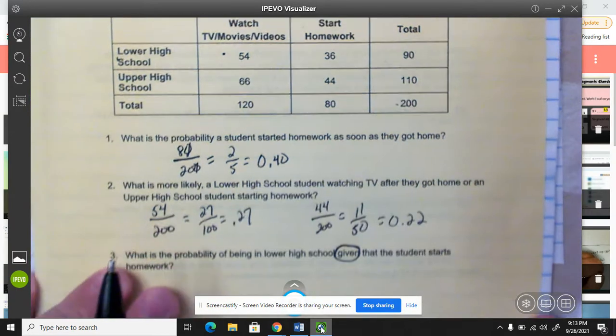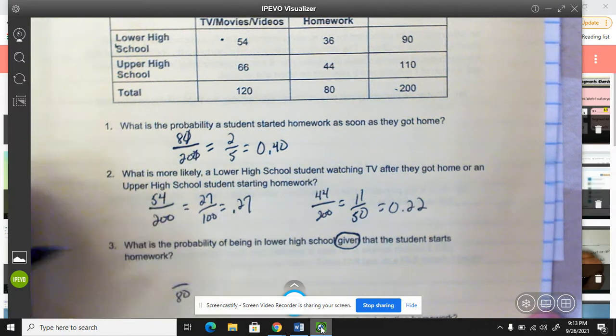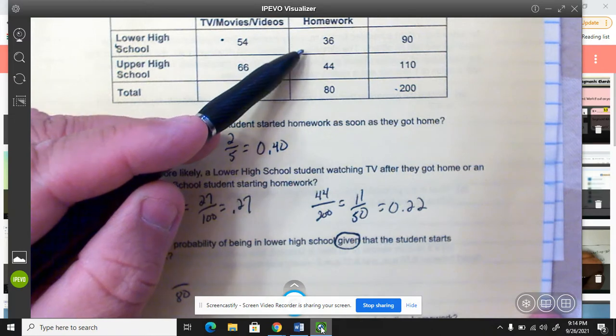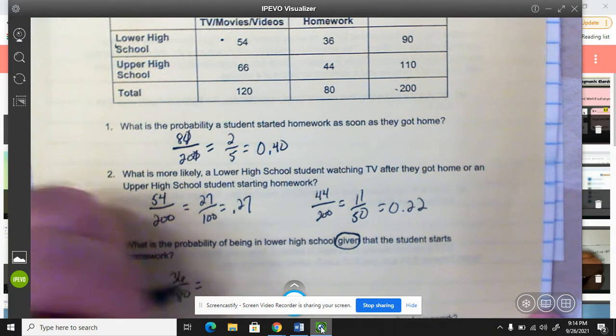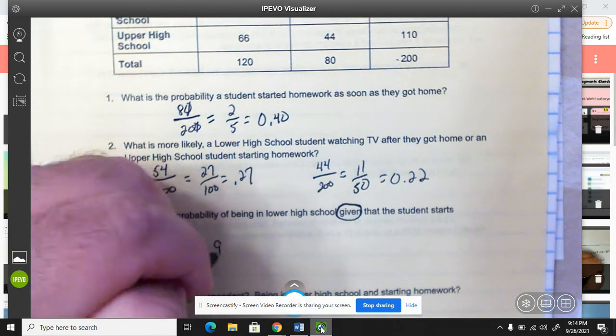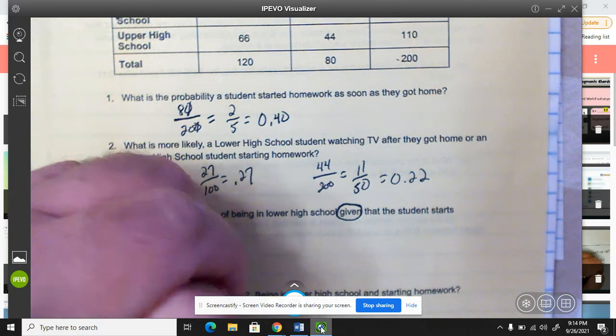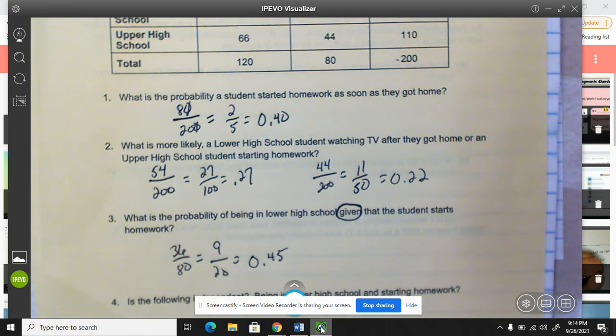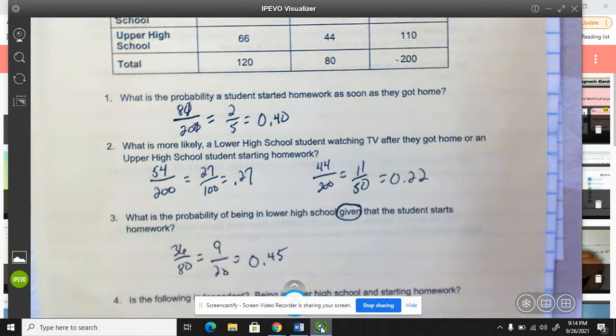So that's going to be the bottom number, 80. And how many of those lower high school students started their homework? 36. Okay. So 36 over 80, when I simplified, is 9 over 20, or 0.45. So the probability of it being a lower high school student given that they started their homework is 0.45. That's what that means. So that given changes the bottom number because we're looking at a subset of the total.